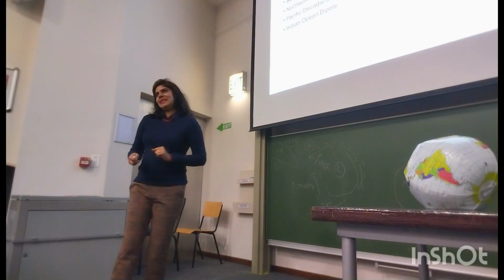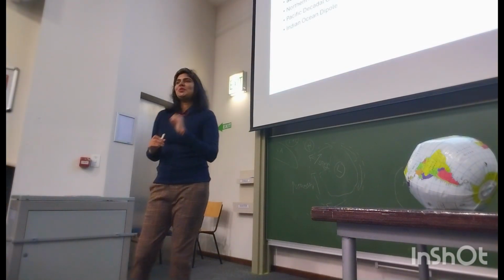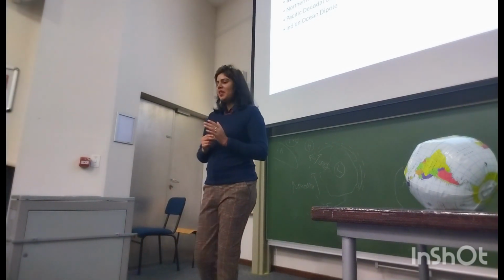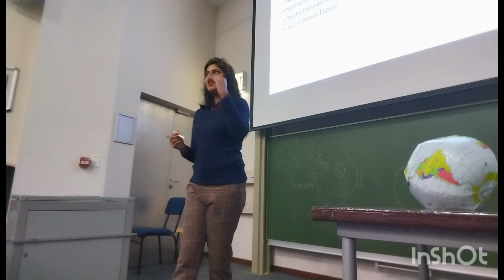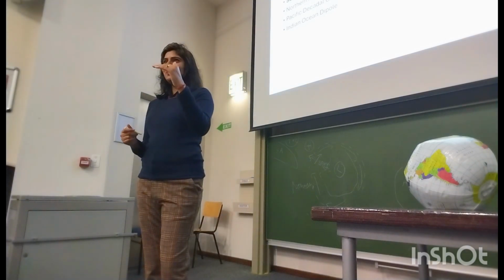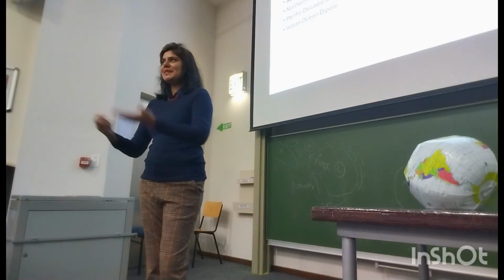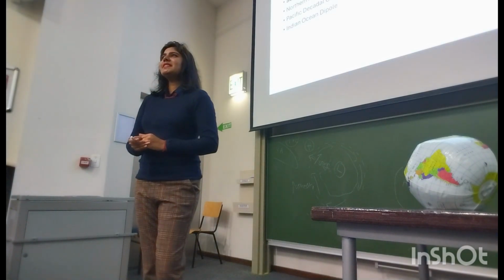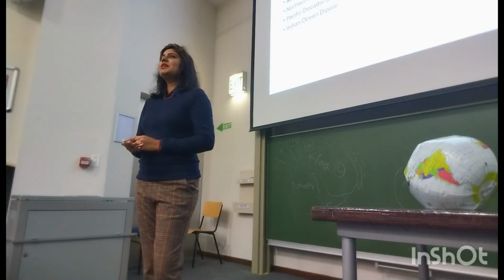The circumpolar deep water, the problem or the trick about it is that it's actually warm. In the Antarctic region, like it or not, the surface waters are much colder than some water mass which is at the bottom, and which actually happens to be, in this case, the circumpolar deep water, which is warm.